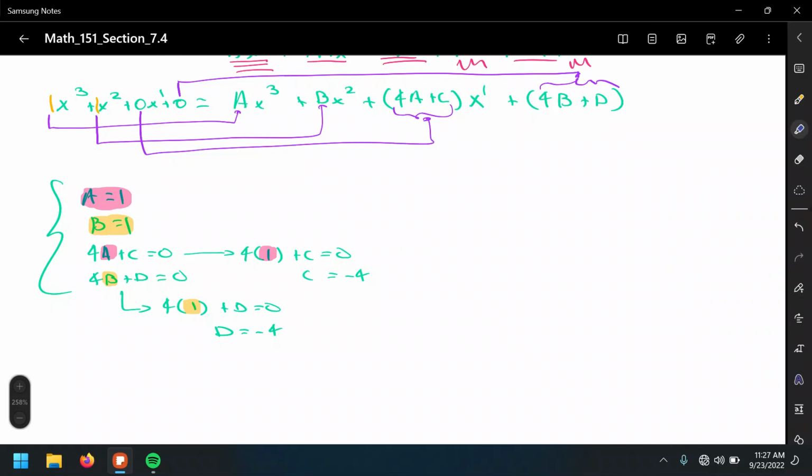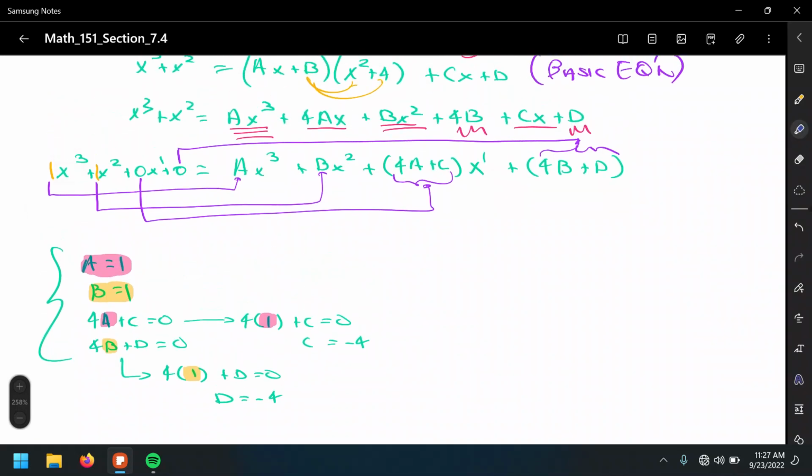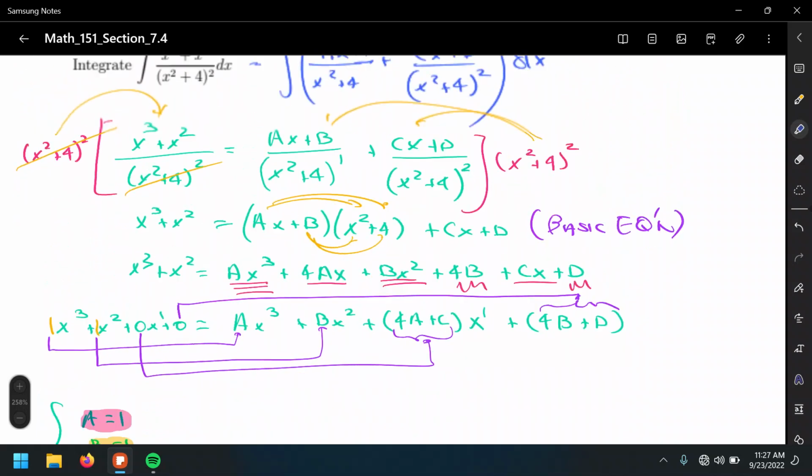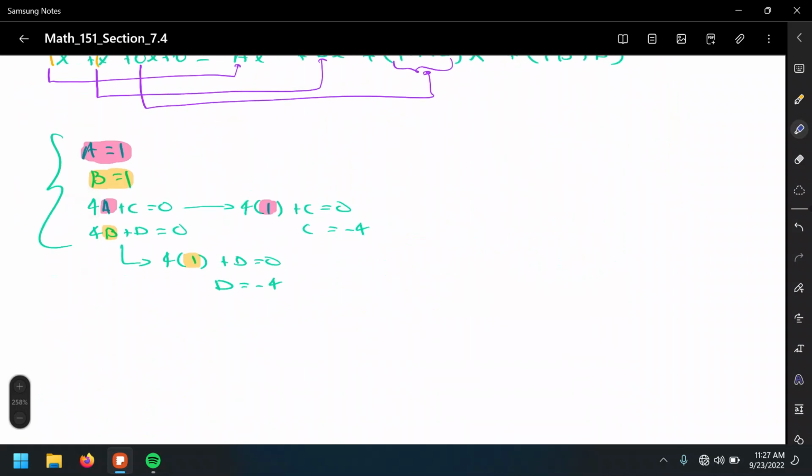We may go back to the integral. By the way, where's the integral? It's above. Okay, I'm going to continue the integral over here.